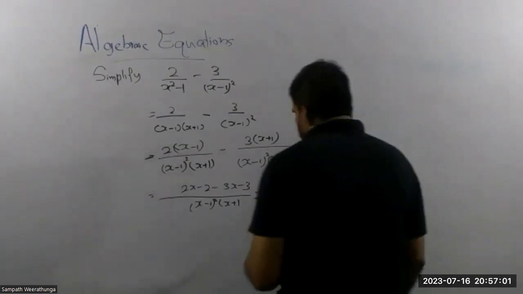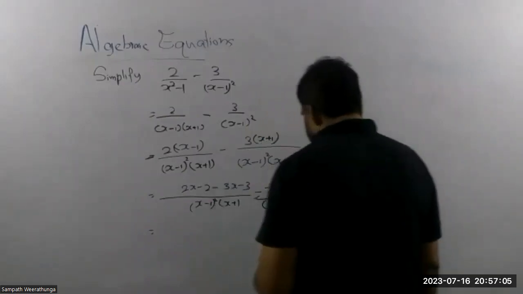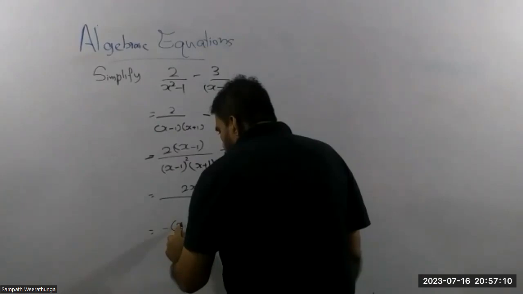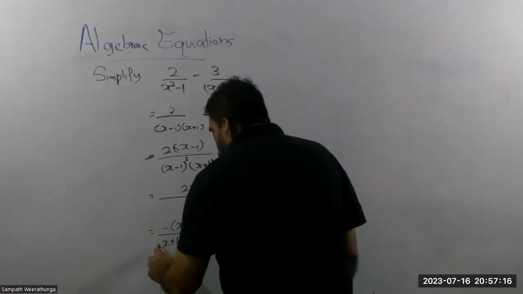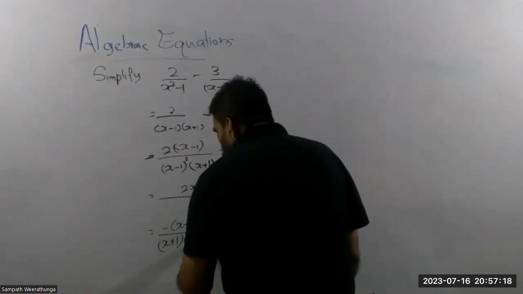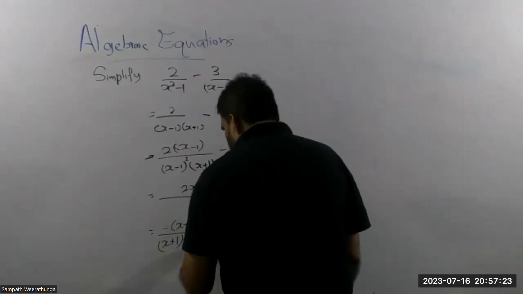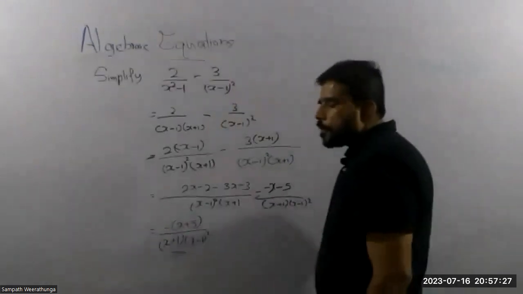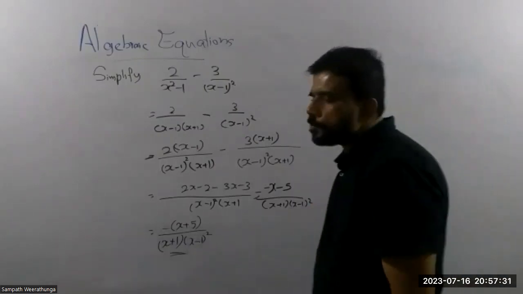Otherwise, I'll take the minus sign out, that is minus (x plus 5) over (x plus 1)(x minus 1) squared. This is my simplification of these two fractions, the simplification of the given expression.